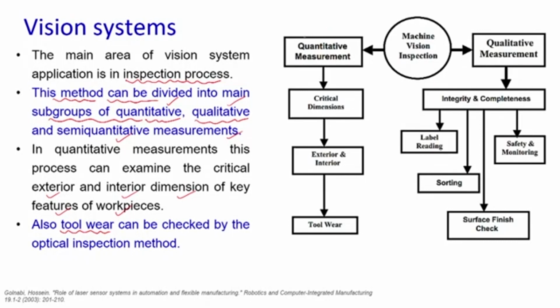So, we can have quantitative measurement of the critical dimensions, maybe the exterior or interior key features, or we can have tool wear measurement as well. As far as qualitative measurements are concerned, the integrity or completeness of the product has to be checked. For example, label reading, safety and monitoring, sorting out or surface finish check. All these come under qualitative measurements.